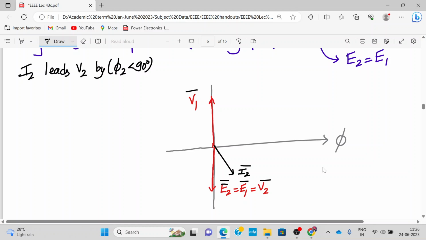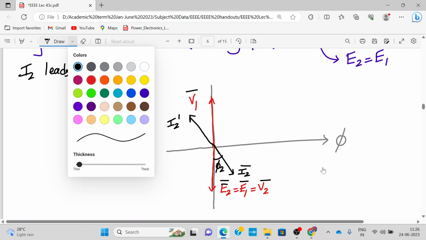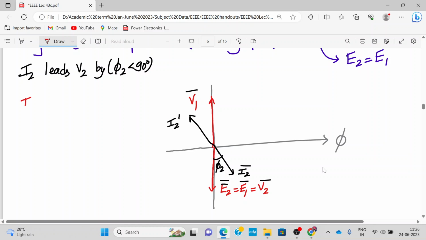So I2 dash will be exactly opposite. This will be I2 dash. The phase angle between I2 and V2 is called phi 2. You have written it, right? Now where is I1? I0 we have written the equation before. I1 bar, the total primary current, is I0 bar, the no load current, plus I2 dash.